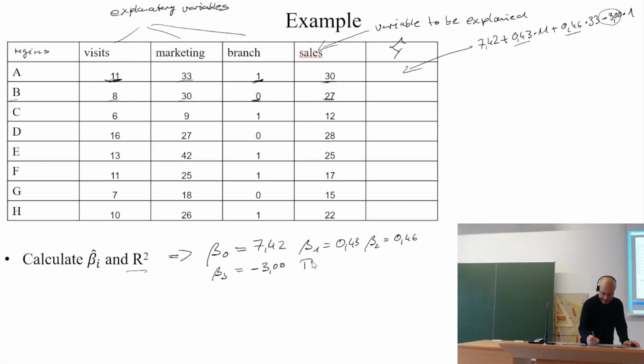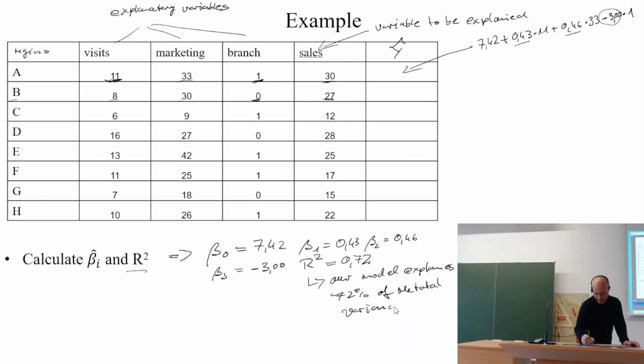So R squared equals 0.72. Our model explains 72% of the total variance of Y.